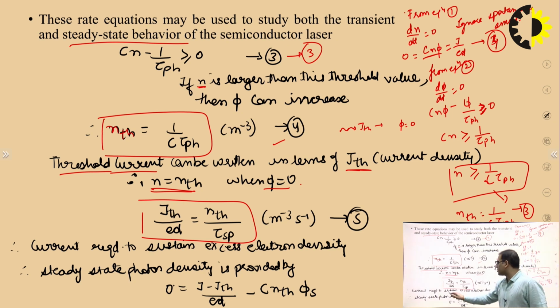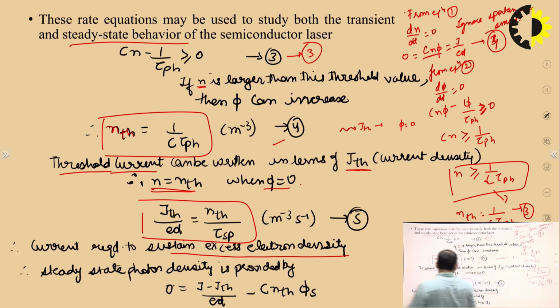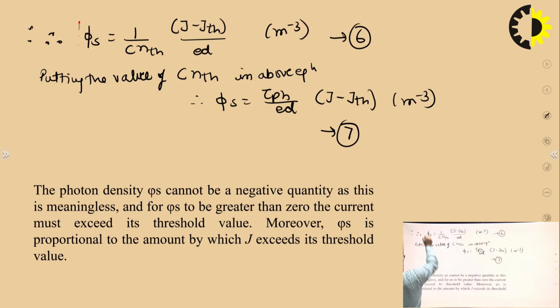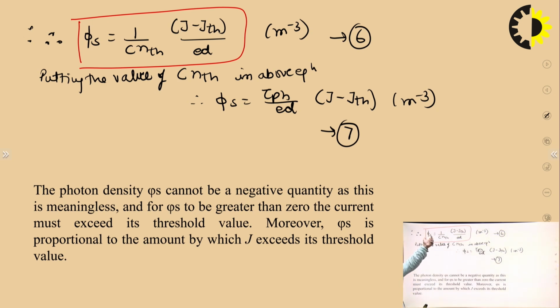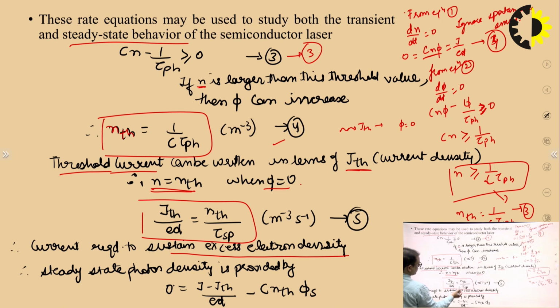So the current required to sustain the excess electron density in the steady state condition, that is phi equal to J by eD minus C into NTH into phi S, and for the steady state photon generation, that is 1 upon C into NTH equal to J minus JTH upon eD. From the equation, put the value of C into NTH here.